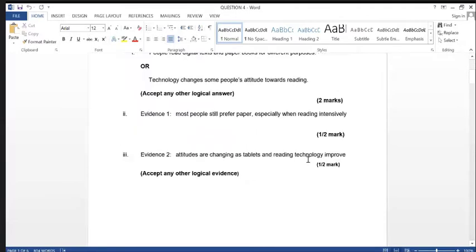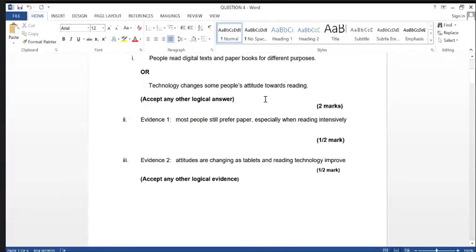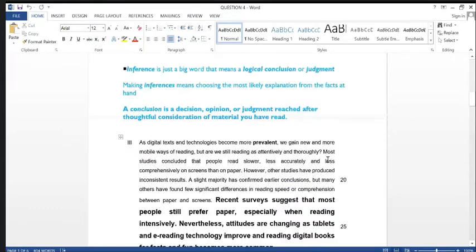Different purposes can also be related to this, although most people still prefer paper, but technology changes some people's attitude towards reading. It can also support this. And evidence two: attitudes are changing as tablets and reading technology improve.